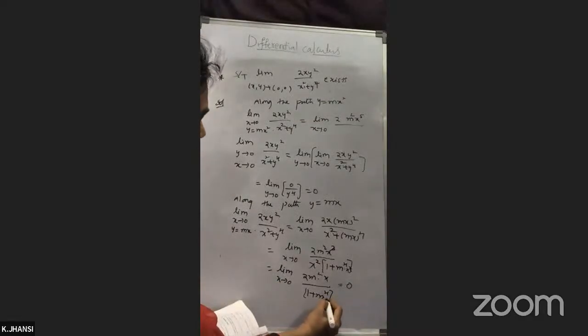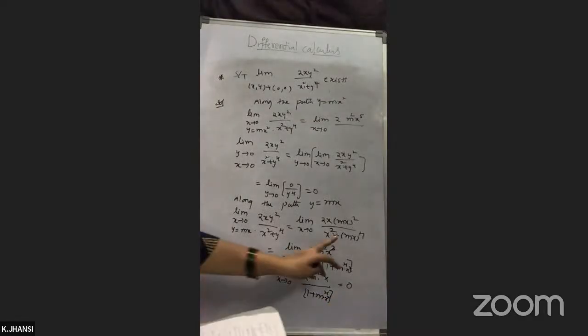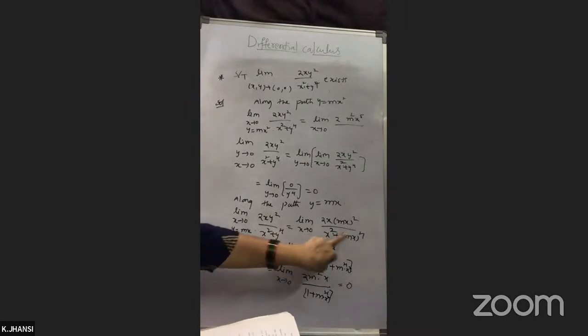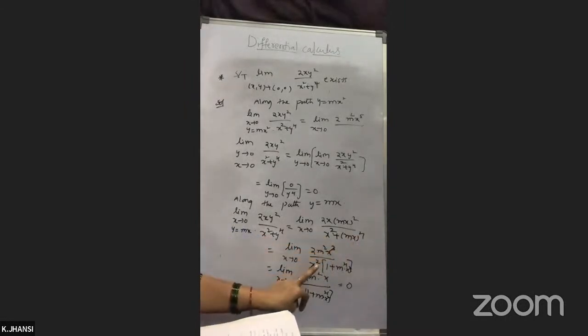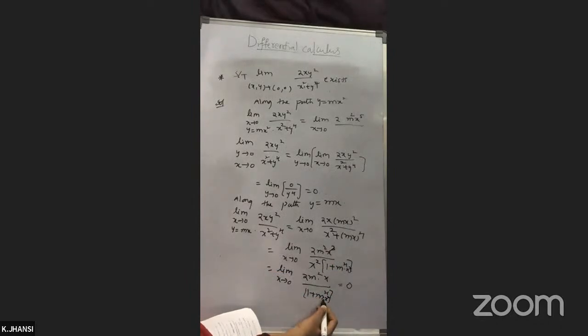Yes, understood. Why? Because here only x square we have taken in common, not x to the power of 4. So x square when you take common, 1 plus m to the power of 4 x square. This also, what will happen? You will get 0 by 1. This 1 plus this is 0, no? Whatever it is, the value is 0, ma'am. Right? The value is 0.